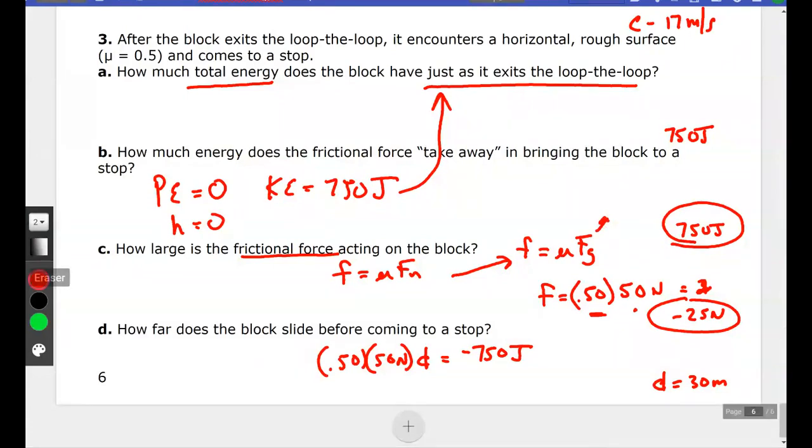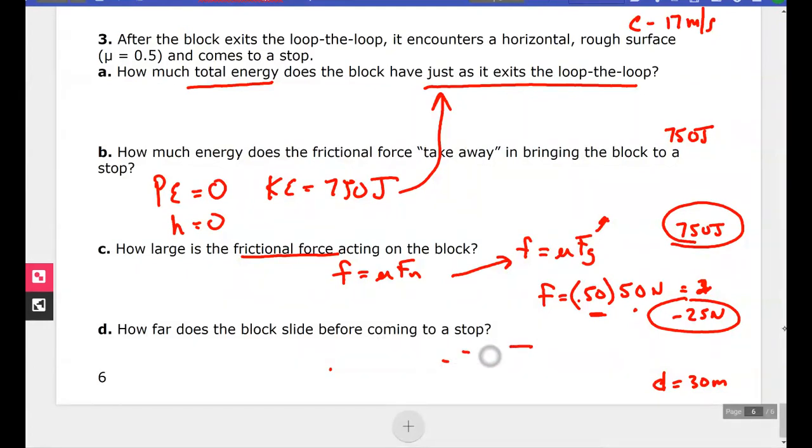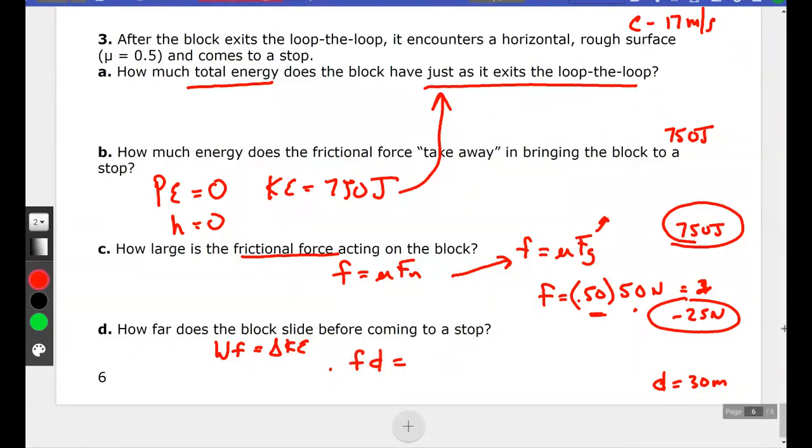Now here's where we go with how long the block slides before stopping. You can see I got ahead of myself. The work done against friction is equal to the change in kinetic energy. Work done against friction is friction times D equals the change in kinetic energy.